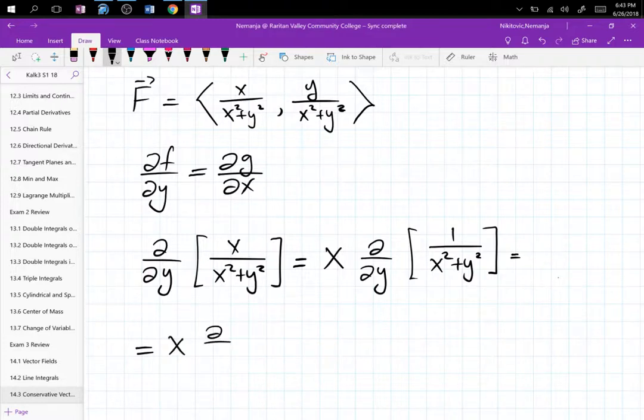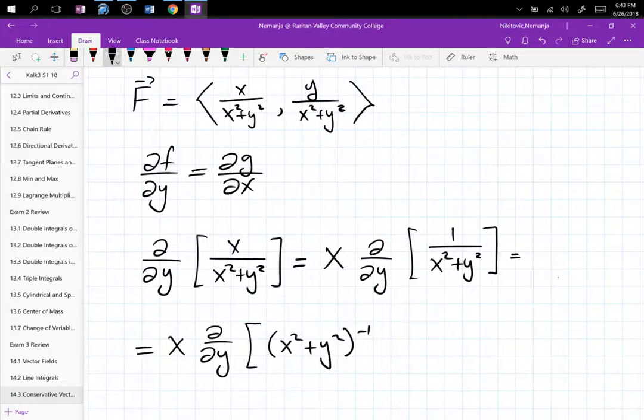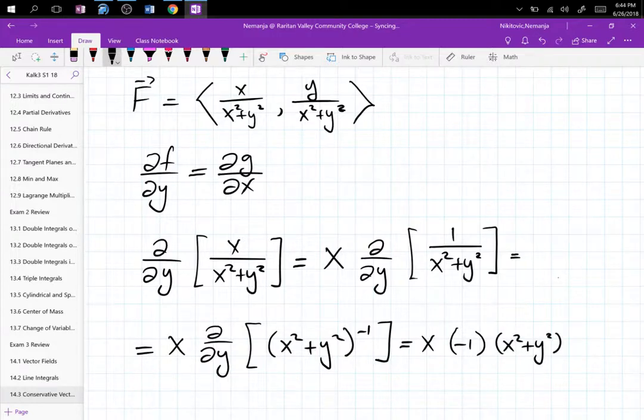Now we have partial y, and what I'm going to do now is write this as x squared plus y squared to the negative 1. When I'm taking the derivative, it's going to be negative 1, and then we copy the guts to the negative 2, and then we take the derivative of the inside, which is 2y.